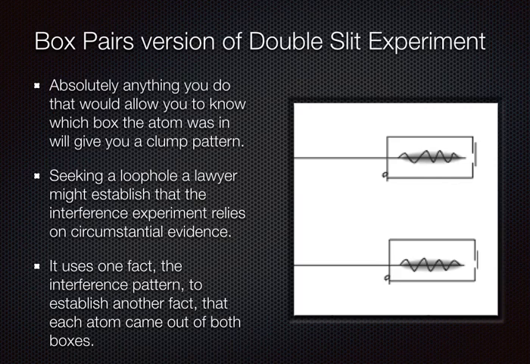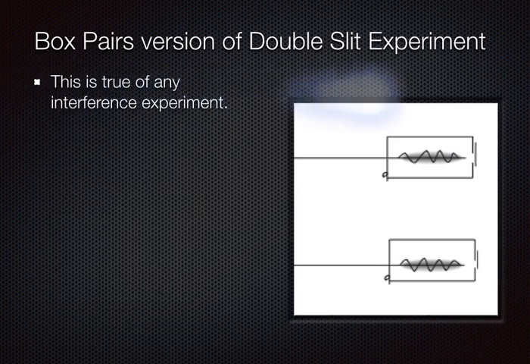It's impossible to prove that the atom was in both boxes, because as soon as you look, you see one atom. The only way we know is that when the atom appears, and we do thousands of them, they go in exactly the places where waves would. So circumstantially, we know it's because of waves. But it's not direct proof.